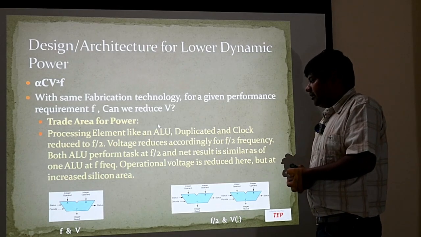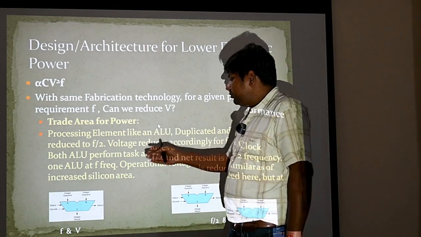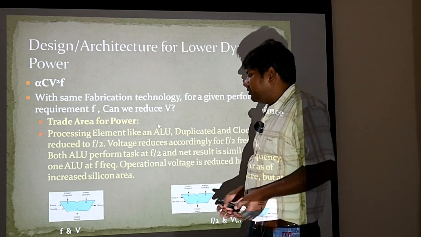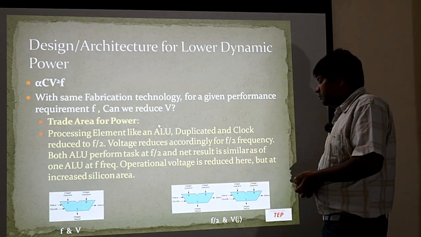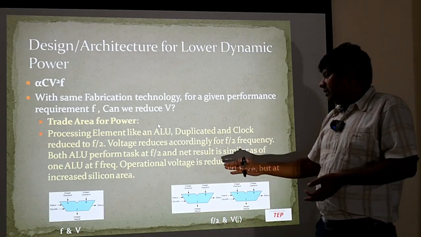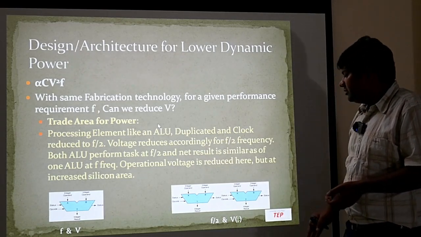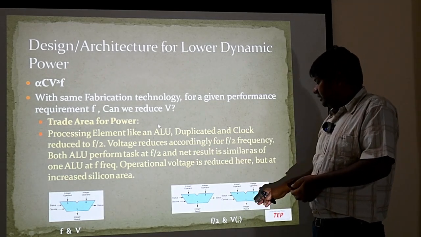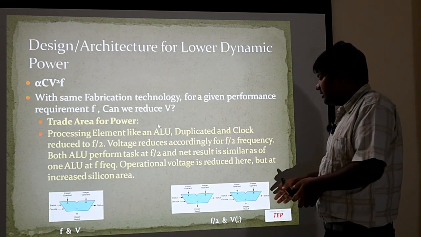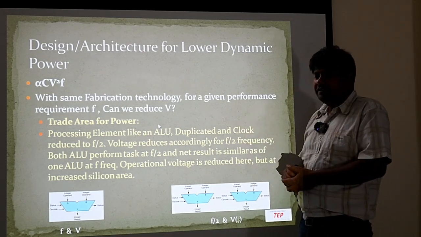trade-off. Suppose there is one unit which is doing a certain ALU operation for me, and this runs at a certain F value. I can replace it with two units which run at half that frequency, and obviously voltage will also be reduced, not exactly V by 2 because the curve is not linear.